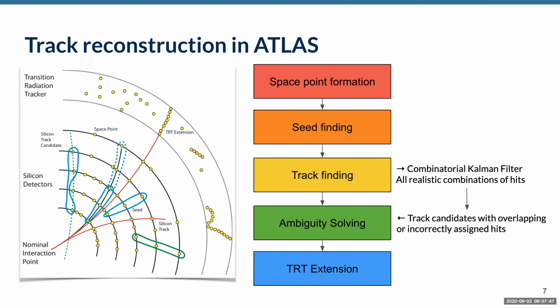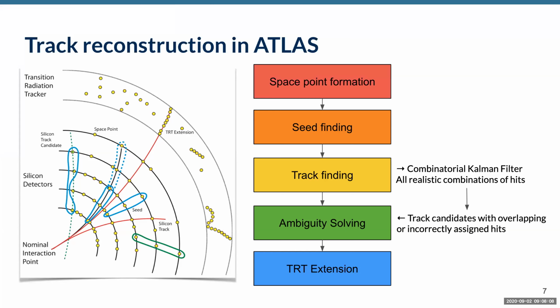Because we consider all possible combinations of hits, this is going to end up generating at the end a set of track candidates. And among these candidates, not all of them are going to correspond to the true real track, but we will also have some candidates where we will have overlapping hits or perhaps incorrectly assigned hits.